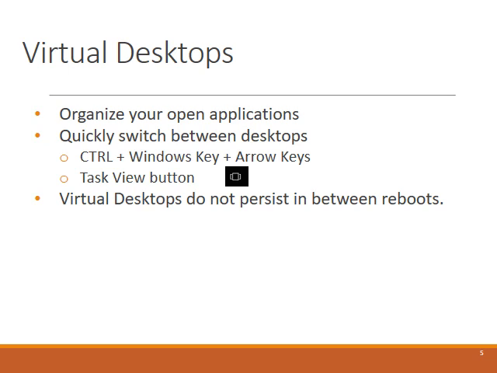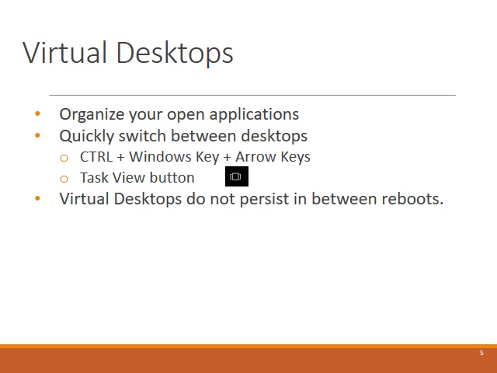We'll take a look at what this looks like in the next slide. But this allows you to quickly switch between desktops. As with most features in Windows, there is a hotkey for it, so you can press Control and then the Windows key and then your arrow keys to switch between them quickly. You can also press the Task View button, which we looked at a few slides ago, to swap back and forth between desktops.